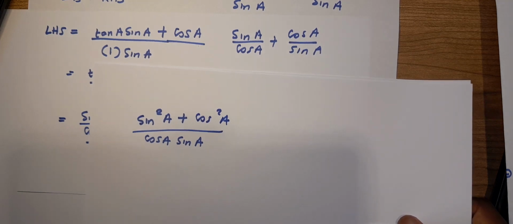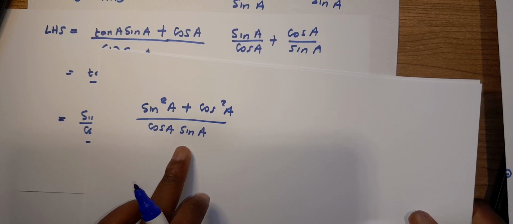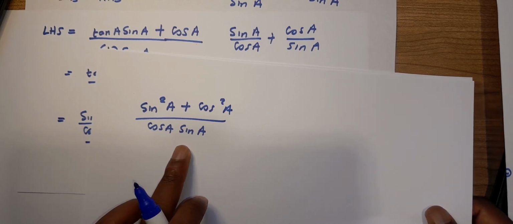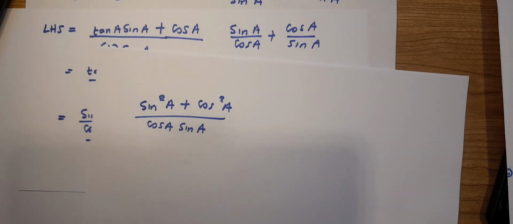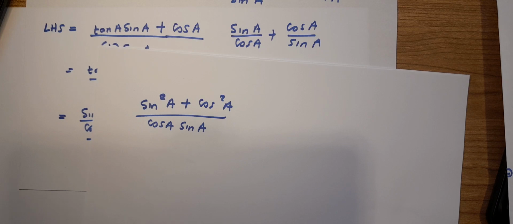Right? So this is what I actually end up at, and now I'm trying to figure out how do I actually move past this? Because now this is becoming a very interesting question. Well, I realized that I have actually proven the identity.